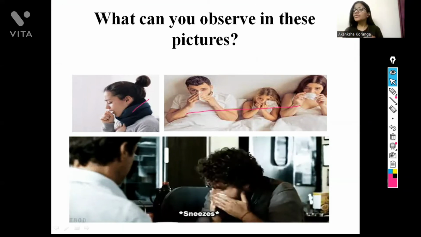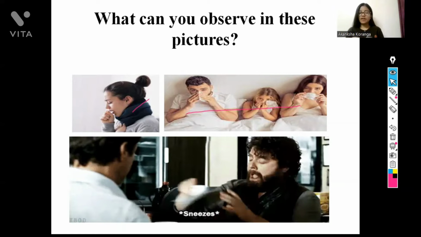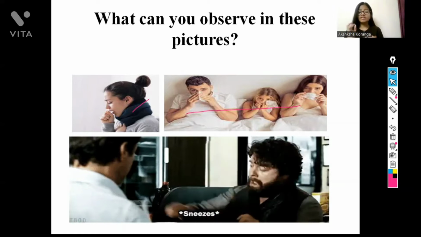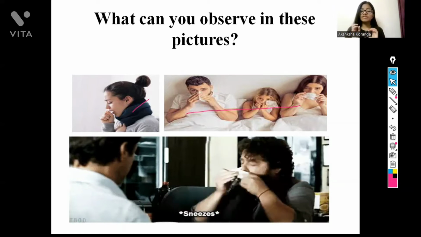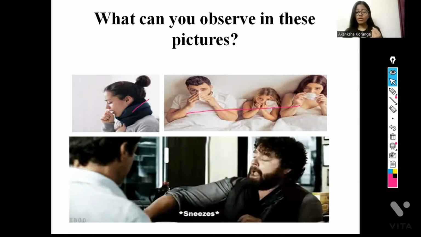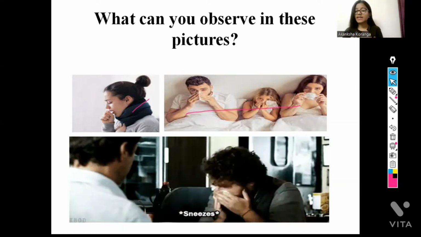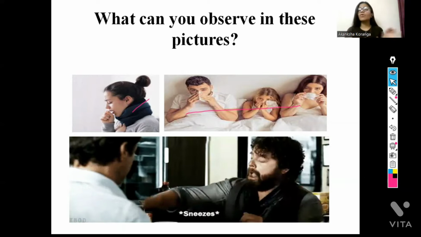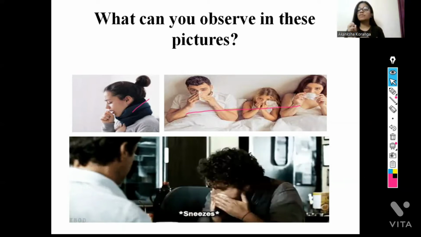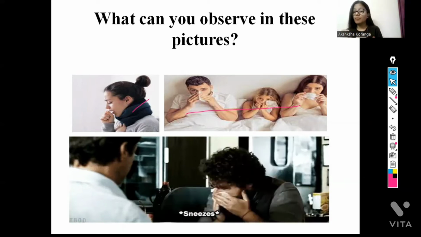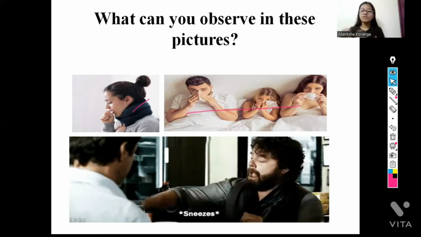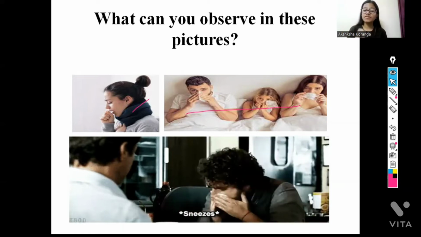So what is common in all these three pictures? Here you can see that all these people are suffering from either cold, sneezing, or coughing. So all these symptoms are of a particular disease that is known as the common cold. Common cold is an example of an infectious disease.